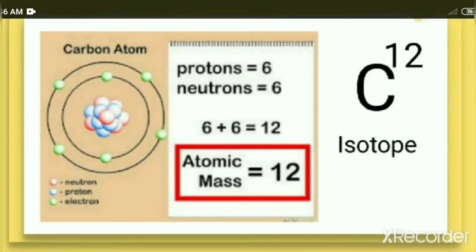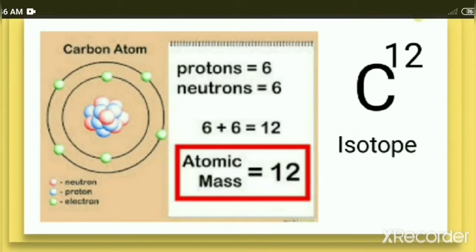Let us discuss what is the C12 isotope. C means the carbon atom, and here 12 represents the atomic mass. Atomic mass here means the number of protons plus neutrons, which is 12.